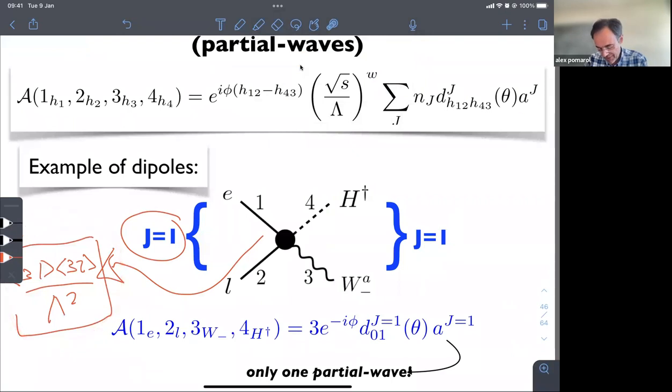You can just do the partial wave decomposition and you will see that this is J equal 1. Looking at here, you can see that this is a state in J equal 1.